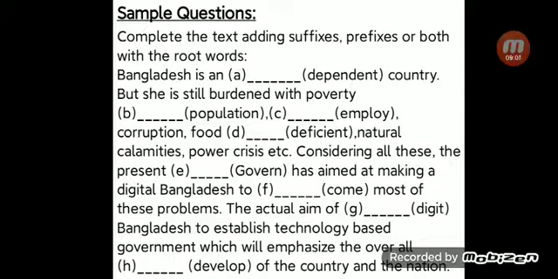Bangladesh is an A dependent country, but she is still burdened with poverty.